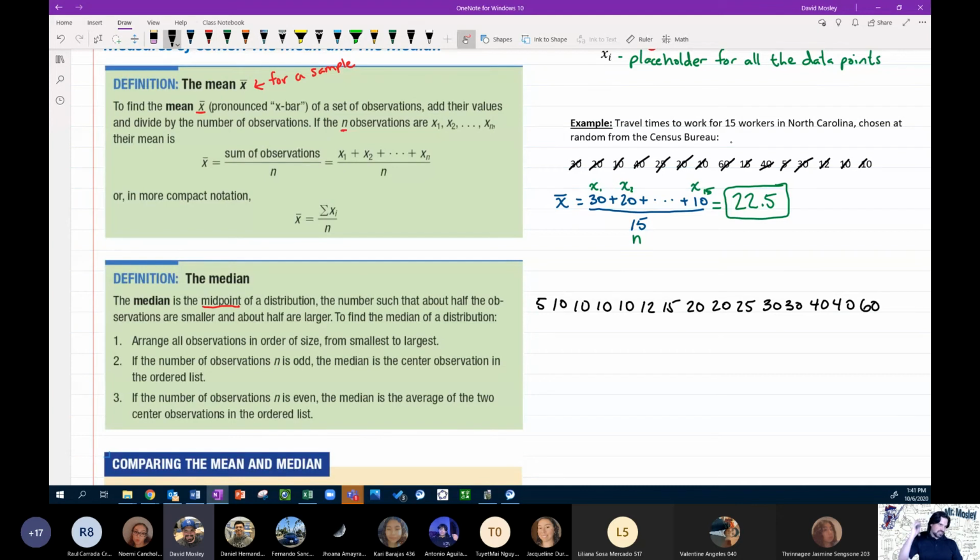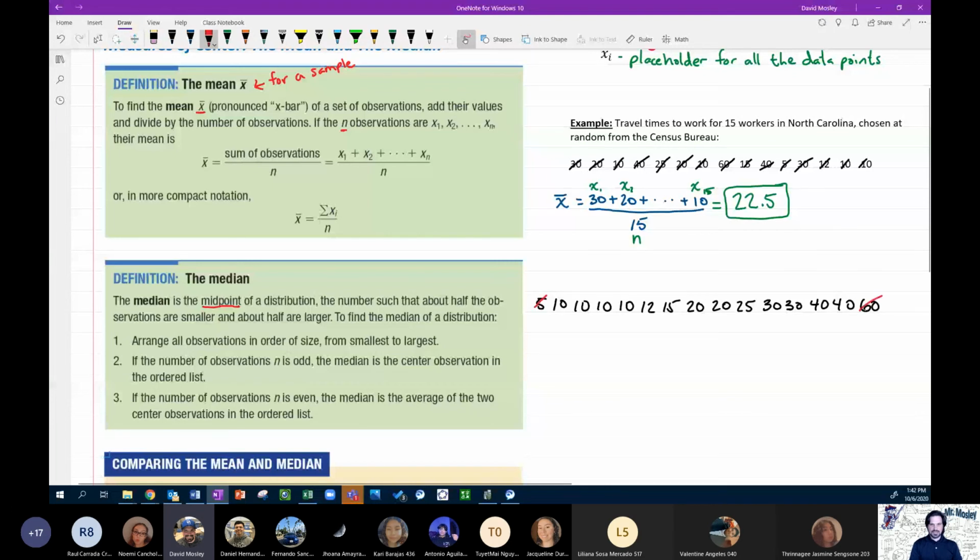All right, step 2. If the number of observations n is odd, the median is the center observation in the ordered list. I have 15 numbers. That means I'm looking for the center number. If the number of observations n is even, the median is the average of the two center observations in the ordered list. That's not the case for our example here. One way to do this is to simply start crossing things off.